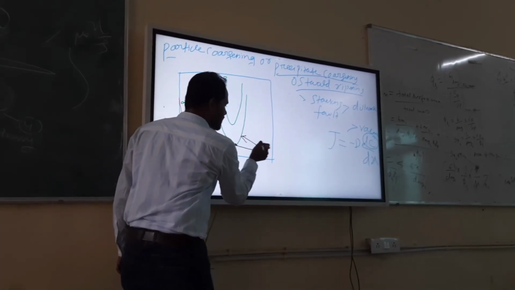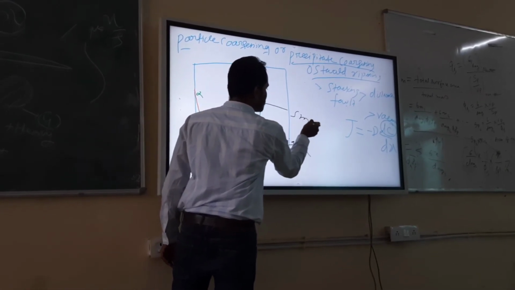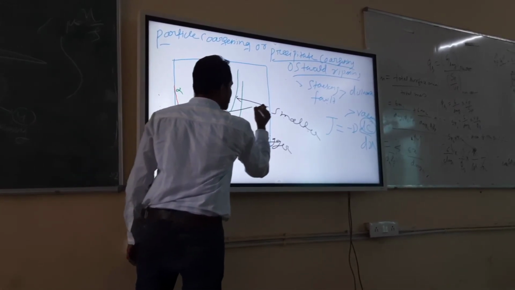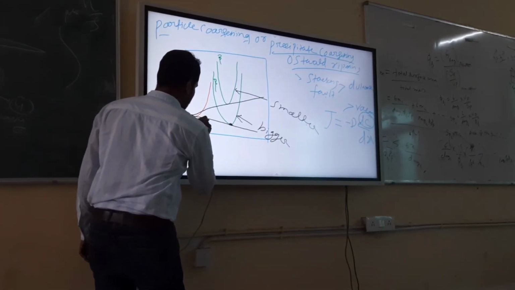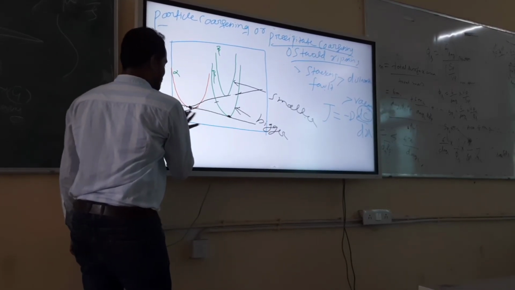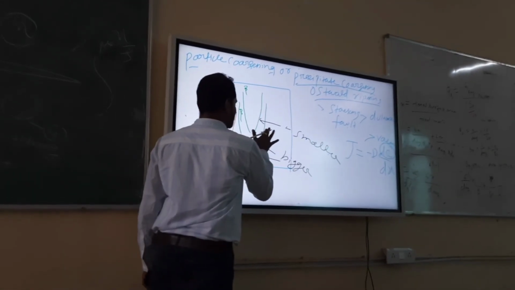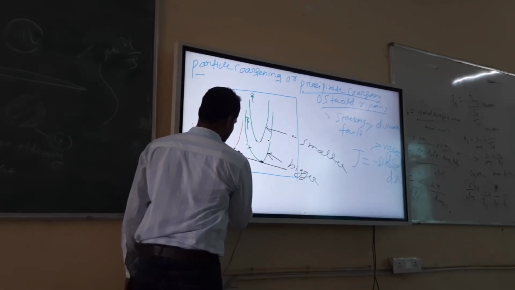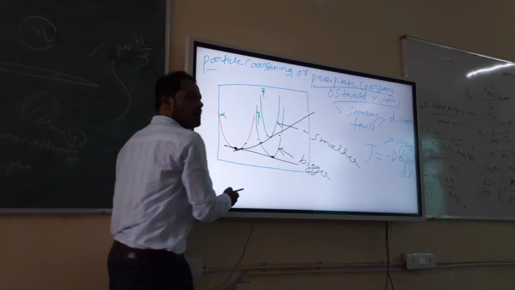Okay, fine. This is bigger. And this is small. Now I have to draw it for this one, right? Okay, now it is fine. How to find out the composition?